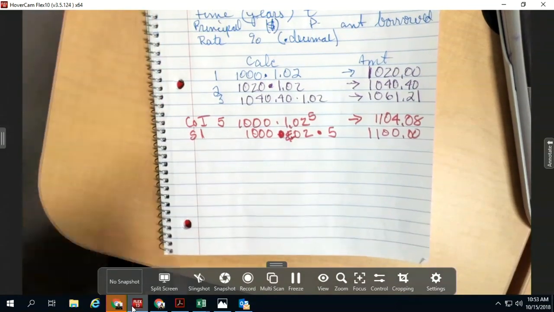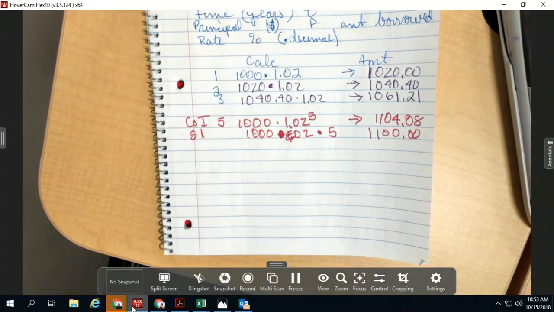So our total would be $1,100. So we gained another $4 by compounding the interest. Okay. So compound interest gives you more interest than simple interest would give you for the same amount of time.